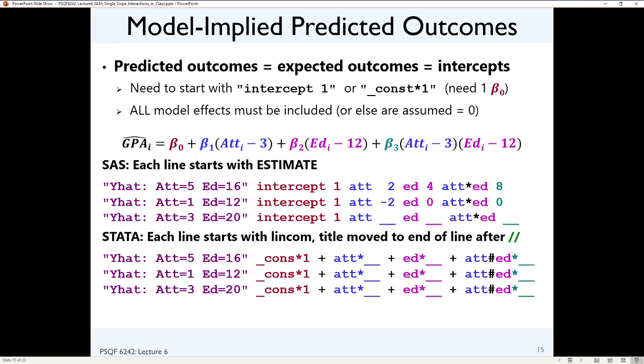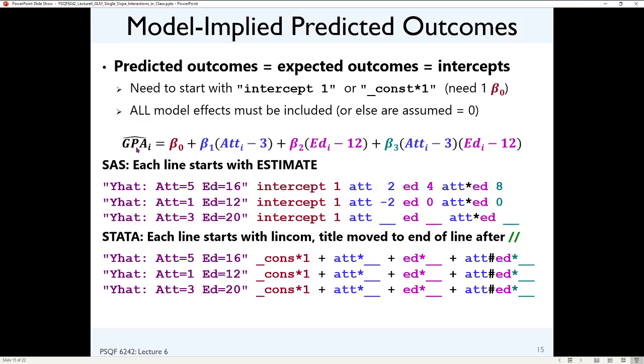So what we're looking at here is code in SAS and Stata to create model predicted outcomes. So if this was my model and I wanted to be able to show the effects of attitudes and education and how they interact, then I would create predicted outcomes that include all model fixed effects.